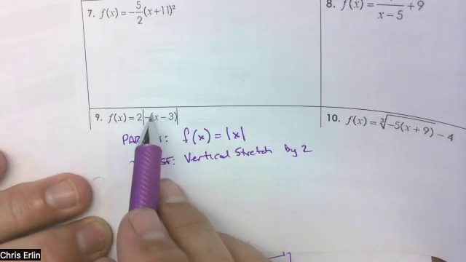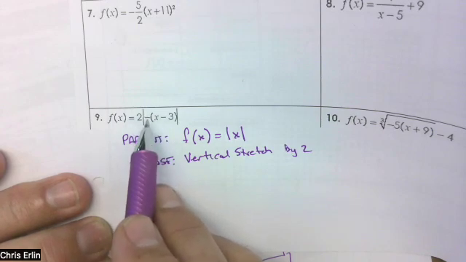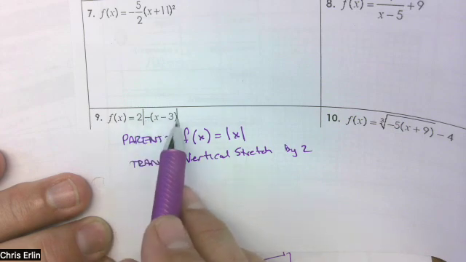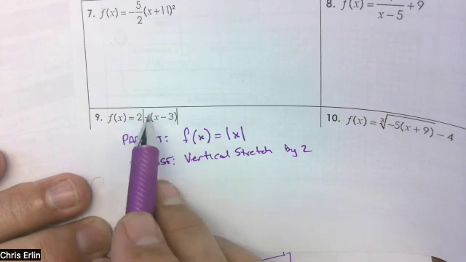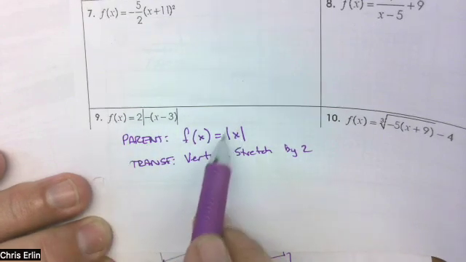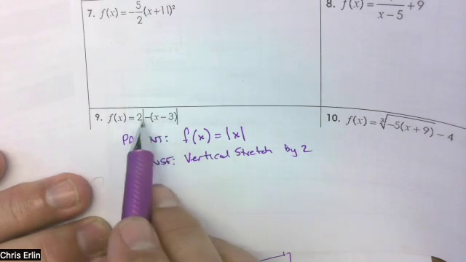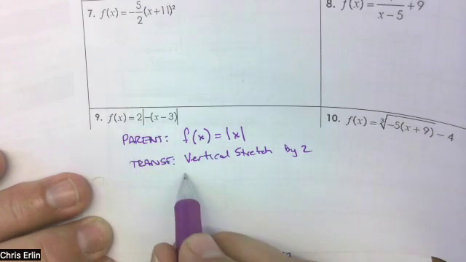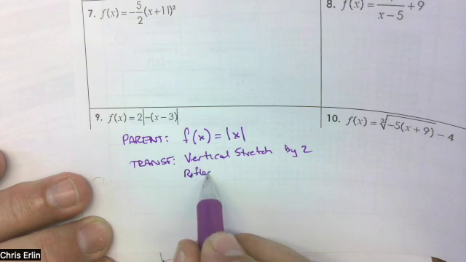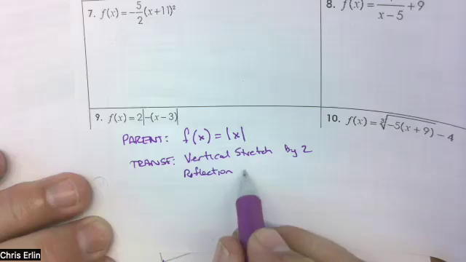How about this negative? Is it inside the function with the x, or outside? If the parent function is absolute value, isn't it inside? It's a reflection of the x values, which is over the y-axis.